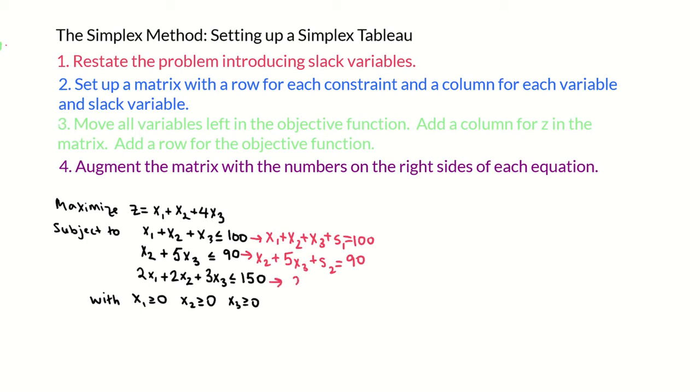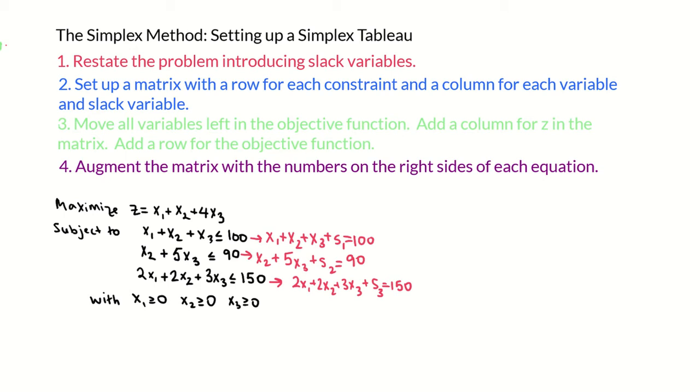And the third inequality becomes 2x1 plus 2x2 plus 3x3 plus the third slack variable s3 is equal to 150. So that's the first step, restating the problem by introducing slack variables. We don't need to do anything at this step with the first equation involving z, which is the objective function.